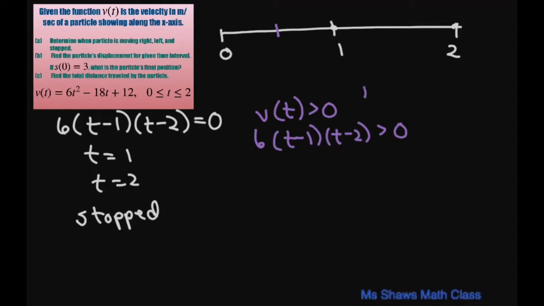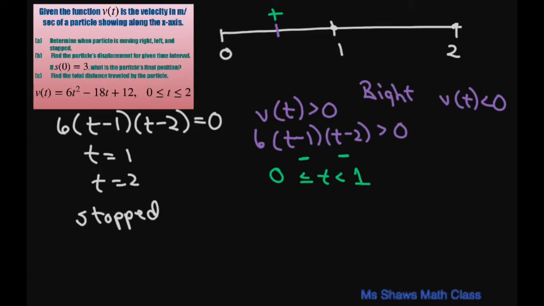If it's positive, it's going to go right. And if it's negative, our v of t is going to be negative. So if we substitute in 1/2, this is going to give you negative, negative. Two negatives make a positive. So between 0 and 1, remember at 1 it stopped, so that's going to be right.